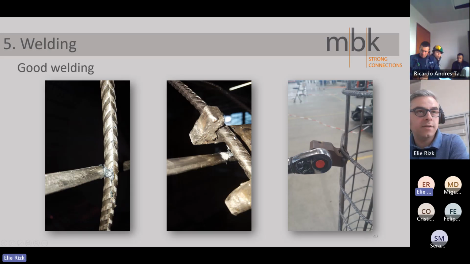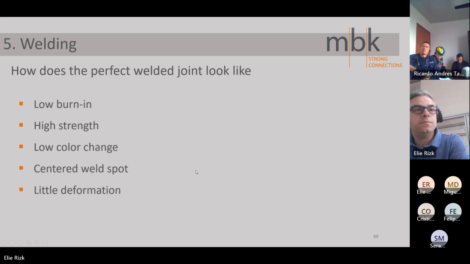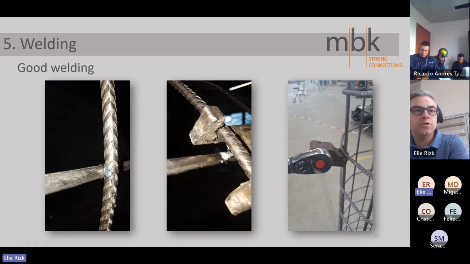And here you see that it's like the current went from here to the other. And there is a little deformation in the wire where the two wires were attached together. So this is what we call a good weld.